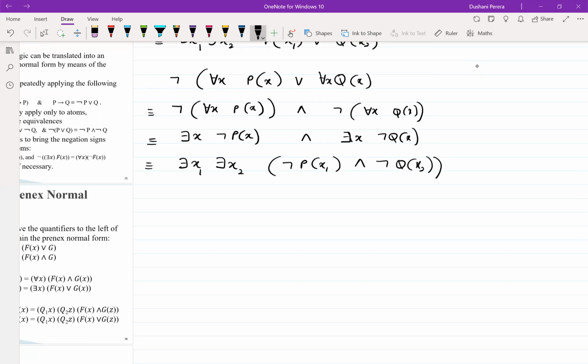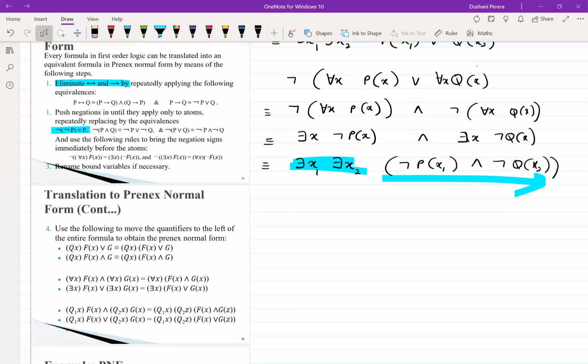So you have your quantifiers as the prefix followed by the rest of the clauses. That is what prenex normal form basically does.